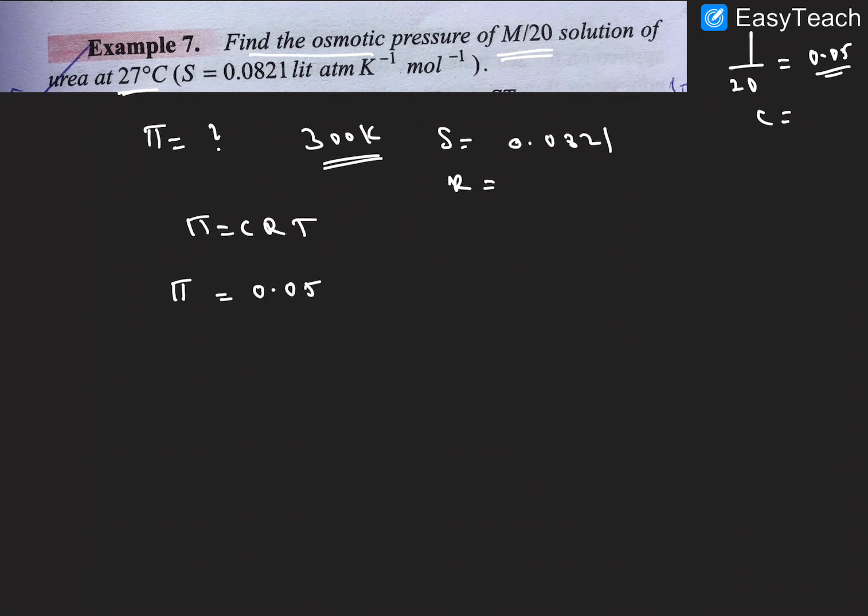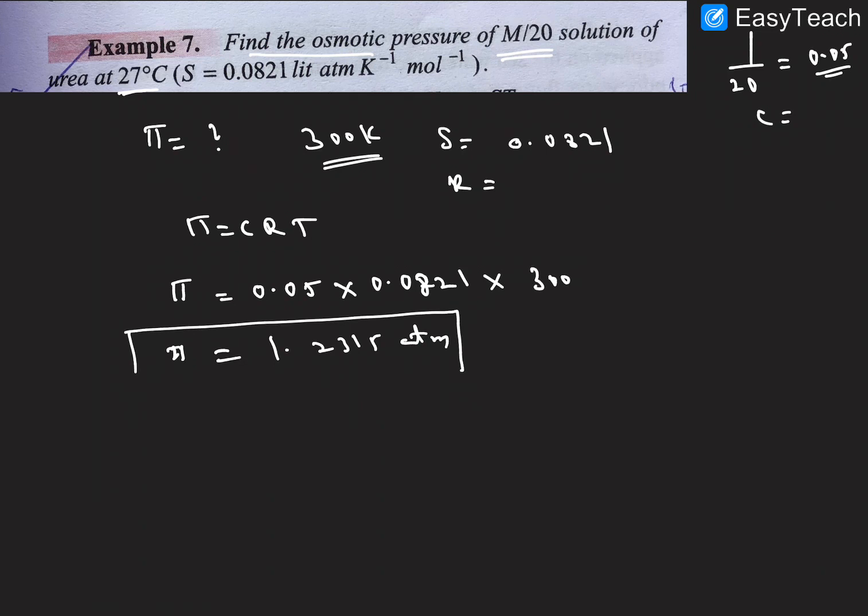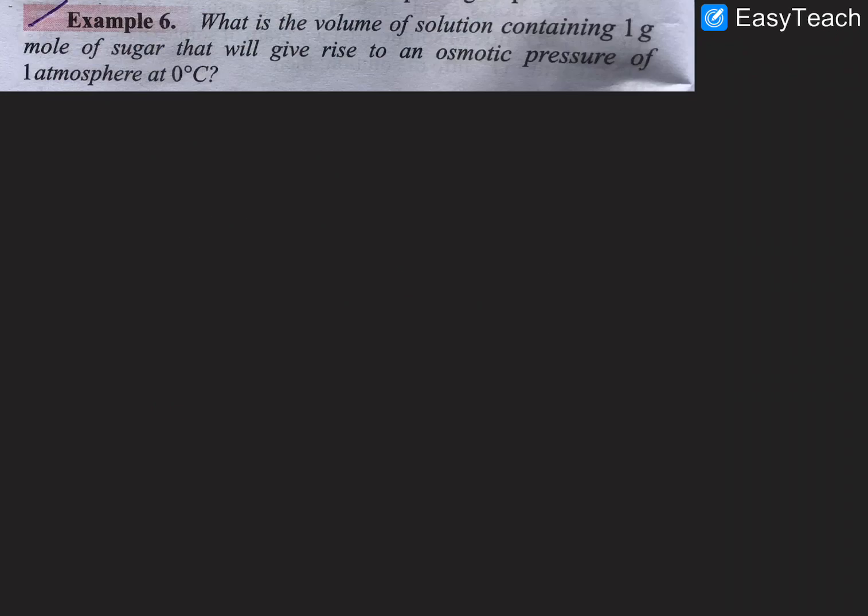Pi is equal to concentration 0.05 into the gas constant 0.0821 into the temperature, 300 Kelvin. What is the resultant answer? Pi equal to 1.2315 atm pressure. So this is the resultant osmotic pressure. I hope it is clear.